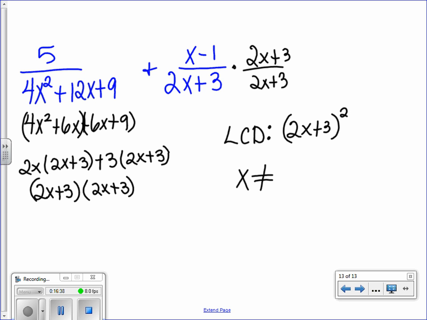Negative 3 halves. Does everyone see how we got from here to here? Factored it. This one had 2, that one only had 1, so we had to do it again. And just to save time, I wrote the 2 right there instead of writing it all out. That's it. Oh, this is a good one. This is a nice one.